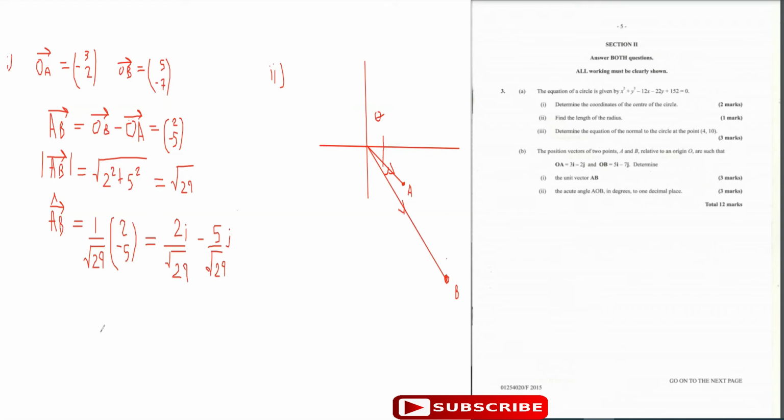All right, so what we do know is that angle AOB is equal to the cosine inverse of the dot product between vector OA dot vector OB, over the magnitude of vector OA times the magnitude of vector OB.